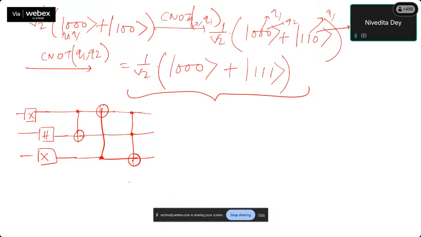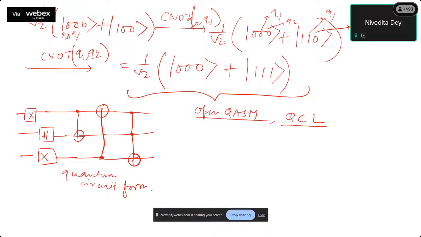Once you have this in quantum circuit form, how do you interpret it in OpenQASM, the very first primitive programming language for quantum? This is your Q0. First you are applying an X on Q0. This is the first instruction. Second, you are applying a Hadamard on Q1. Third, you are applying an X on Q2. Fourth, you are applying a C naught where Q0 is the control and Q1 is the target.